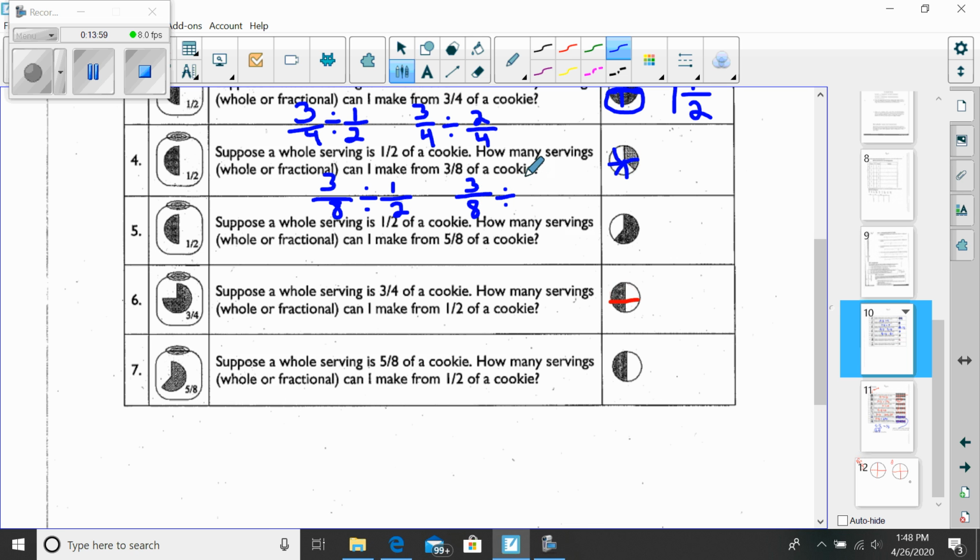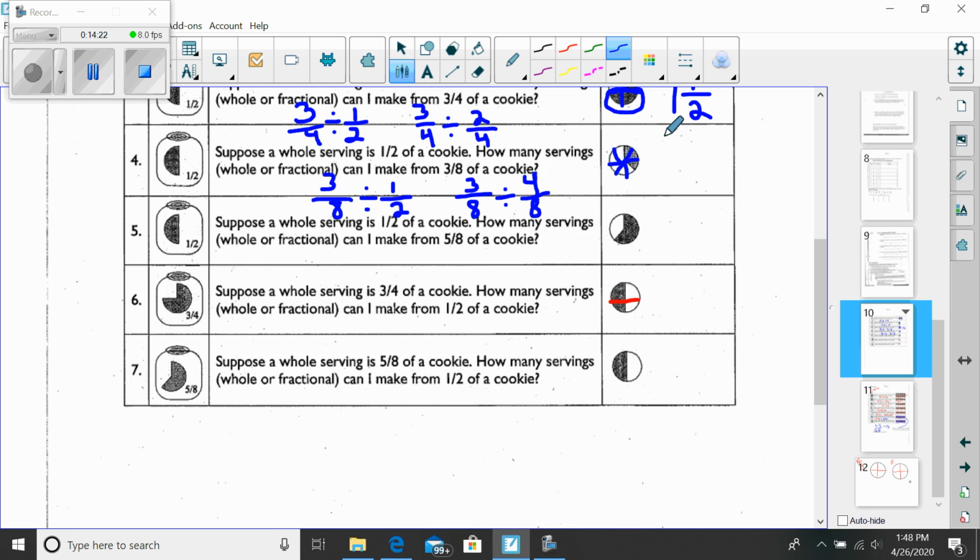So see how much it makes sense to write these with common denominators? Okay, and then I say, okay, I don't even have a full serving here, but what do I have? I have these 3 pieces, and it takes 4 to make a serving.